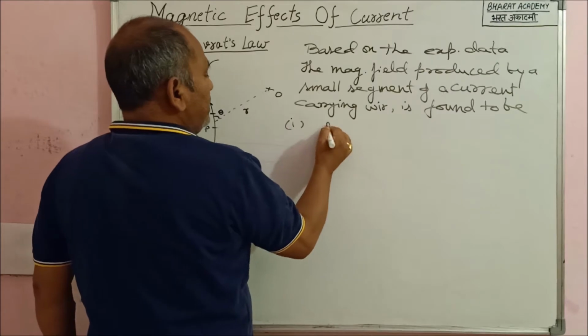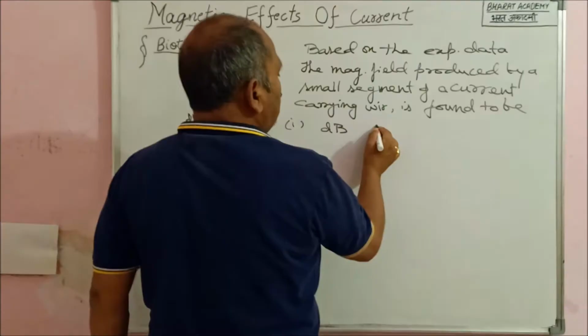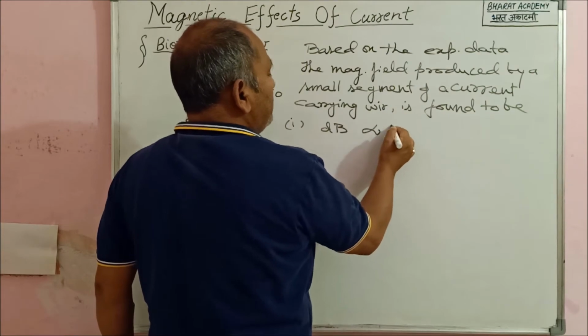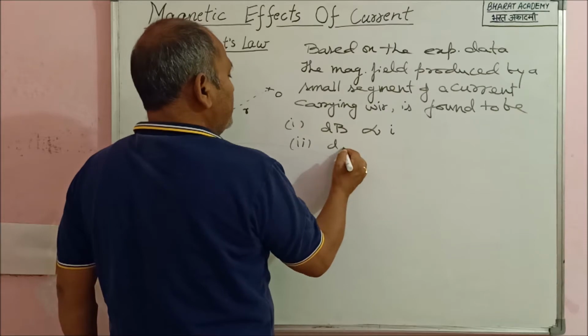First, this small magnetic field we are representing with dB is directly proportional to I. Means higher be the current, higher will be the magnetic field.